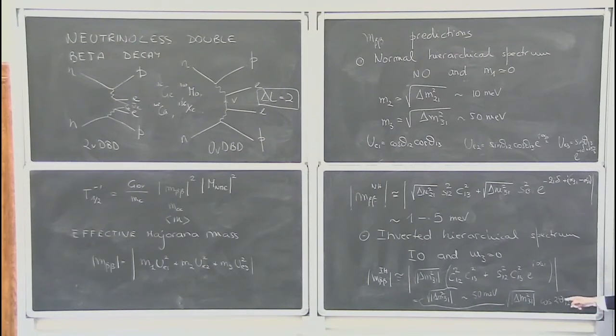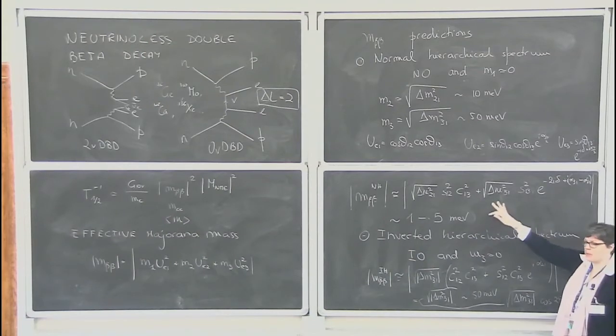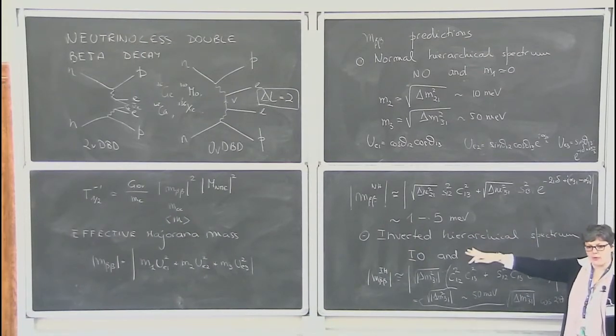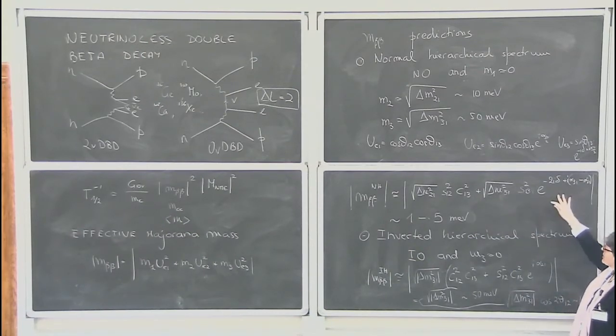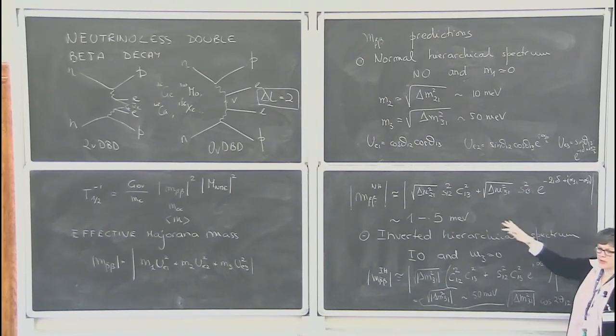If it were maximal, this could go down to 0. Instead it is around 33 degrees. And so at the end I get somewhere around 15 millielectron volts. What I would like you to do as an exercise, to do this a little bit more precisely, starting from the formula, obtaining these expressions and then plugging in numbers to get this result.